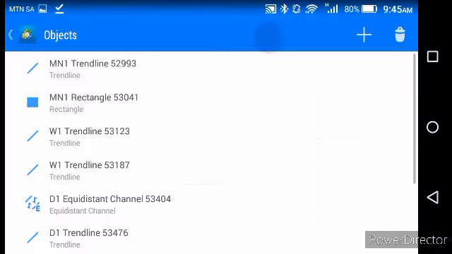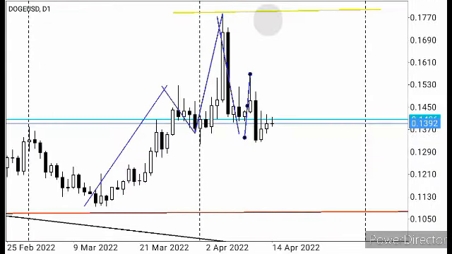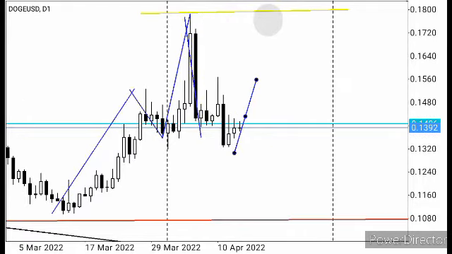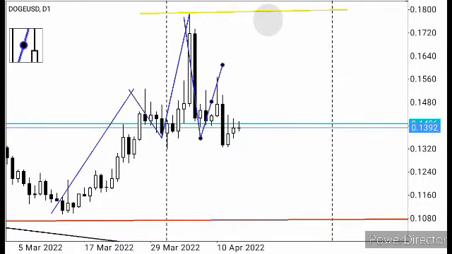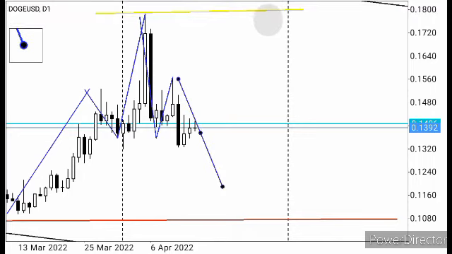Then price went back again to form the right hand shoulder. Just bear with me. So there we go, right?